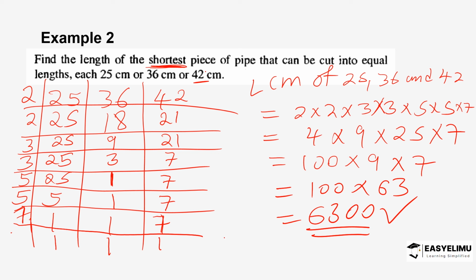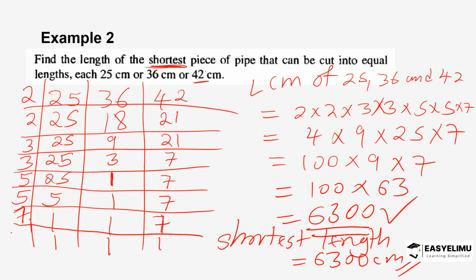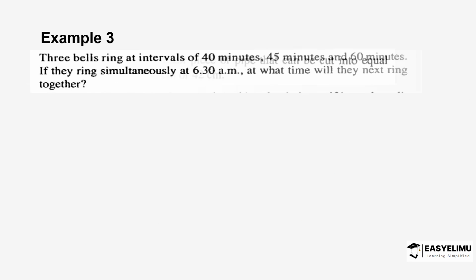So the shortest length is 6300 centimeters. That is the length that can be cut into equal lengths of 25, 36, and 42 without having any wastage.